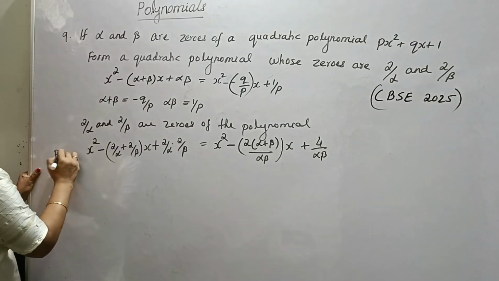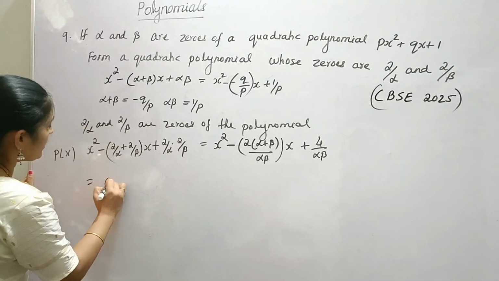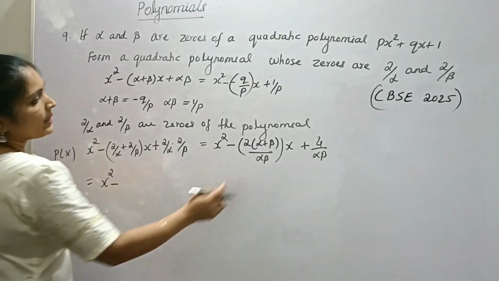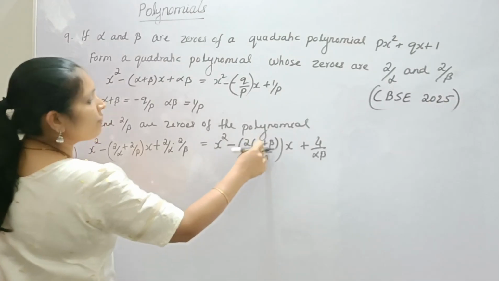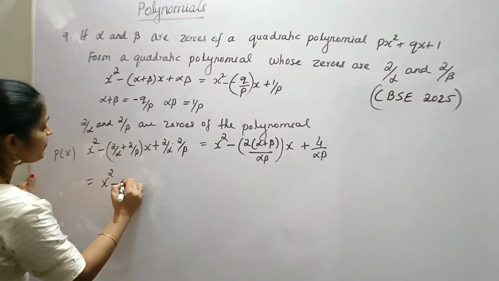That is equal to x square minus, here what is the value of alpha plus beta? Minus q by p. Substitute it here.